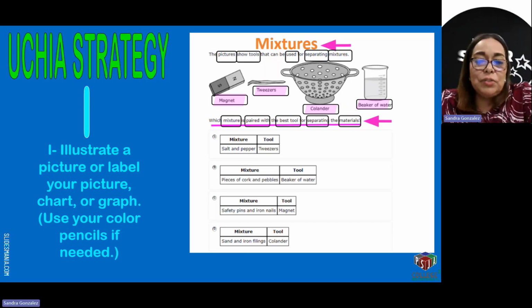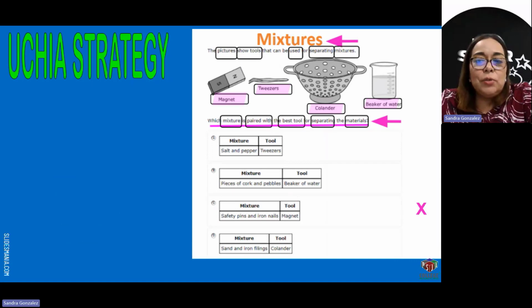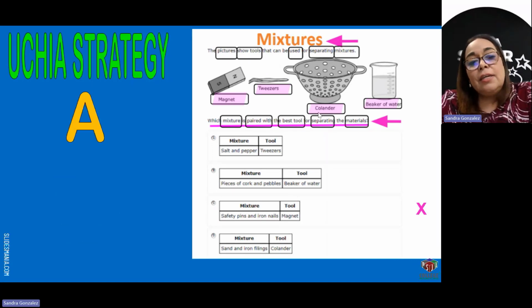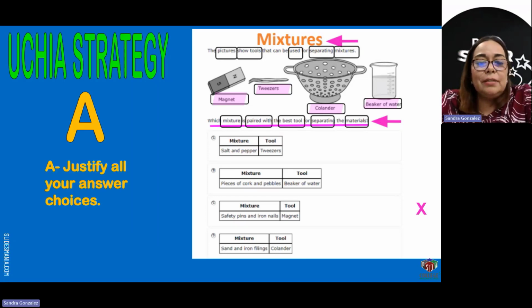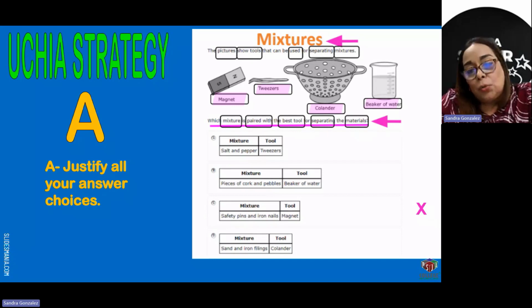Okay, so moving to the next part of the UCHIA, which is justifying, the A. The A is for answer, right? So here we have to justify the answers. Now the students have to go back to what mixture is paired with the best tool for separating the materials, and look at each of these answer choices, going through them and finding out which is going to be their best answer.